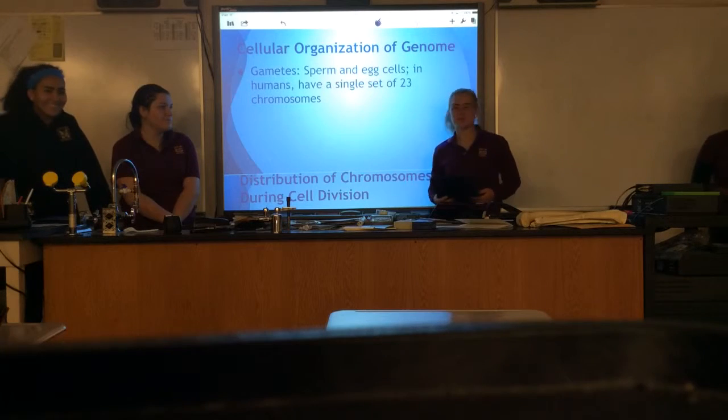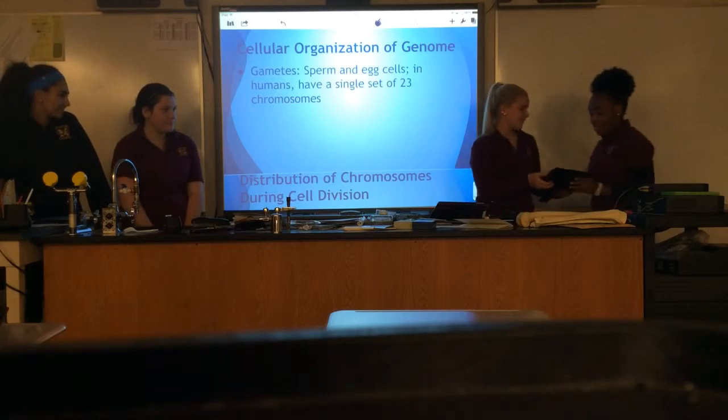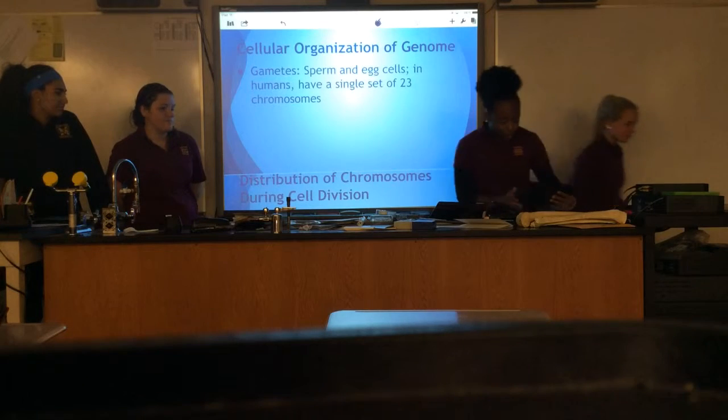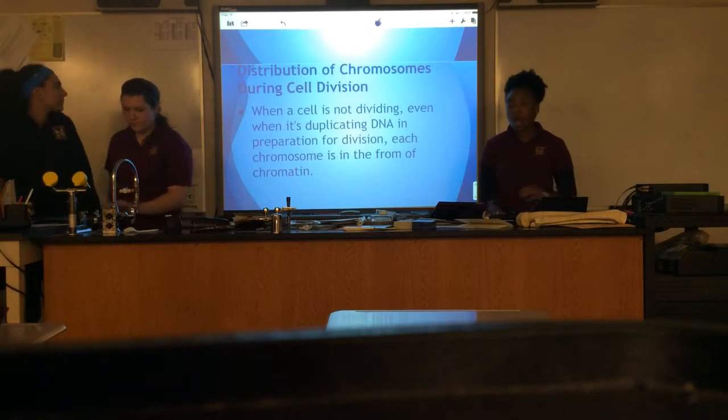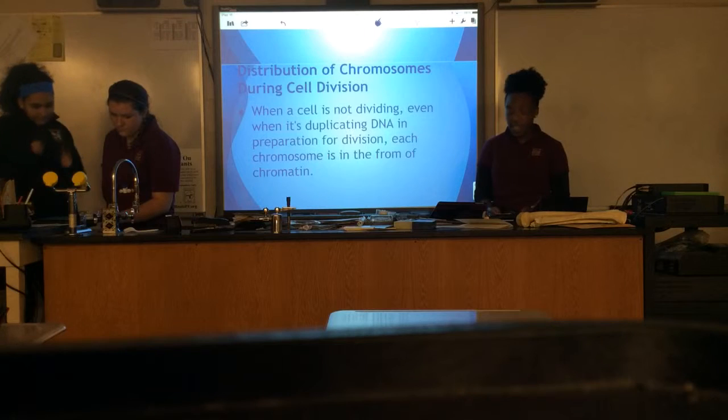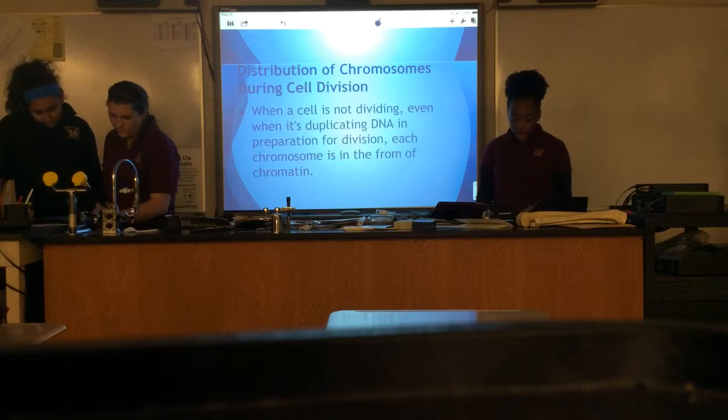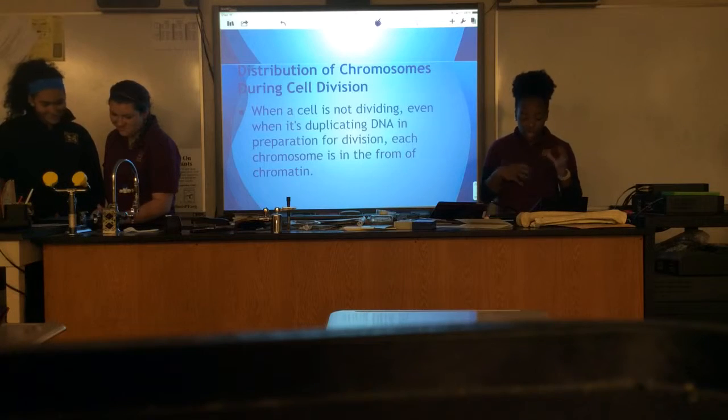No? So for the distribution of chromosomes, when a cell is not dividing, and even when it's just replicating the DNA in preparation for division, the chromosome is in the form of chromatin, which is inside the cell.